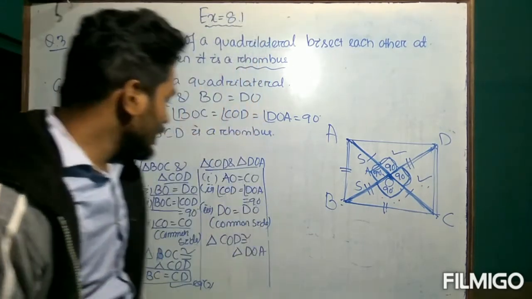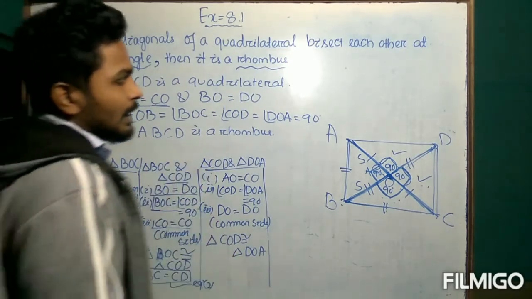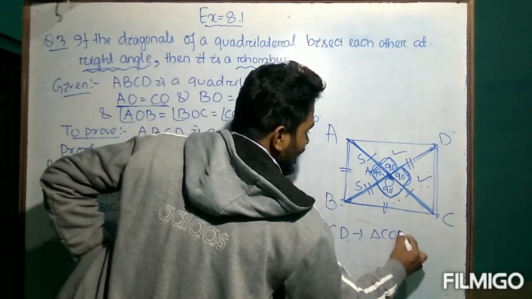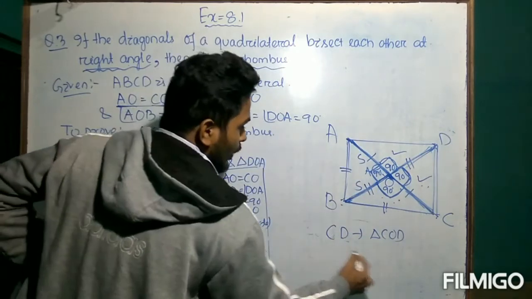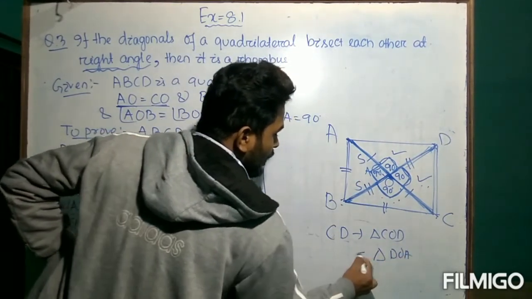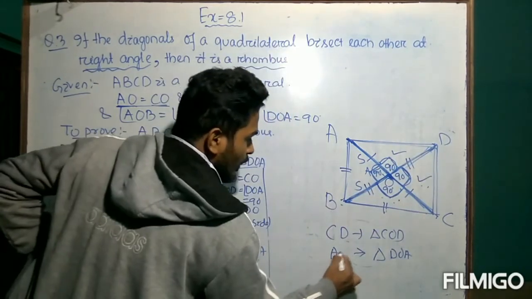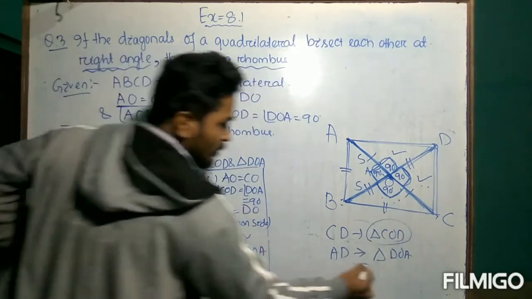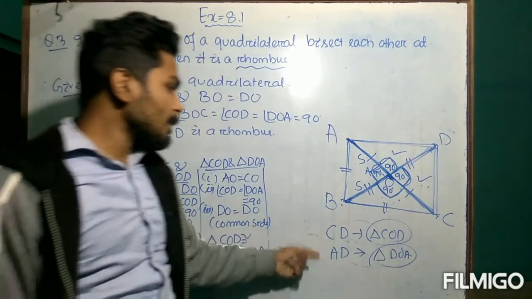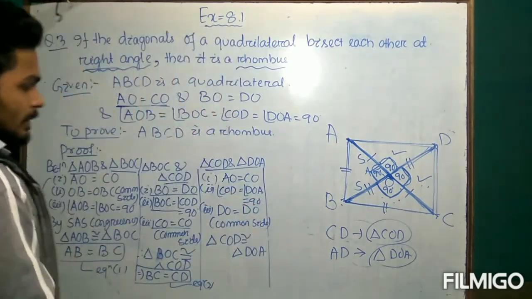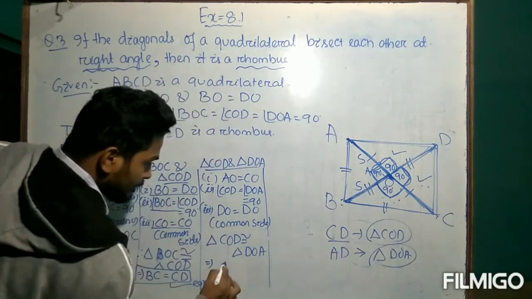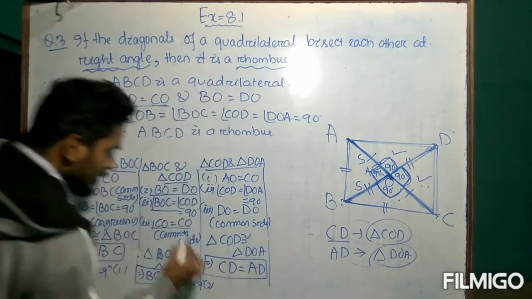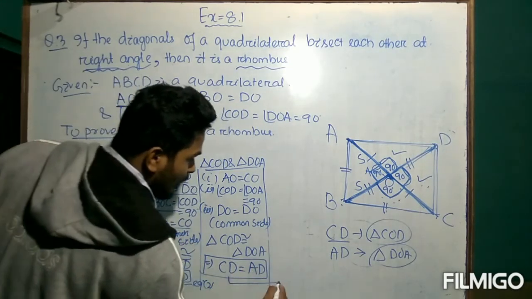CD is a side of triangle COD, and AD is a side of triangle DOA. Since the triangles are congruent, their corresponding parts must be equal. So we can write CD is equal to AD by CPCT. Let's say this is our equation number 3.